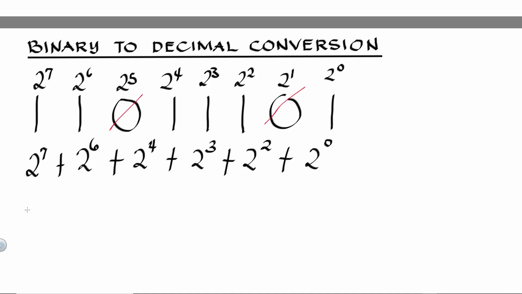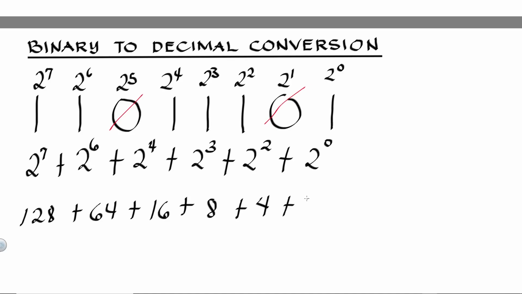Then 2 raised to 7 is equal to 128, plus 2 raised to 6 is equal to 64. 2 raised to 4 is equal to 16, plus 2 raised to 3 is equal to 8, plus 2 raised to 2 is equal to 4, plus 2 raised to 0 is equal to 1.